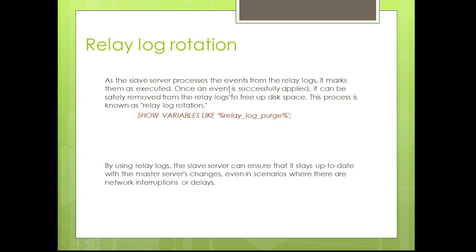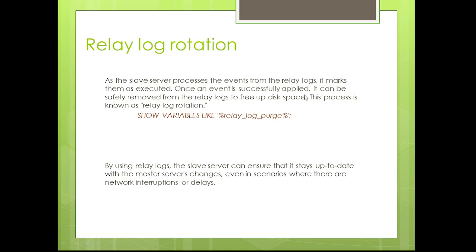Once the event is successfully applied, it can be safely removed, because there is no need to keep it on the slave server, as that would unnecessarily occupy the disk.